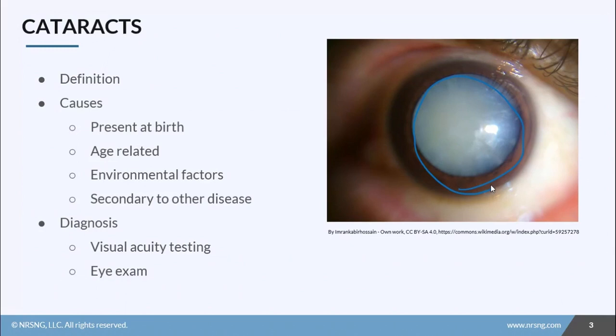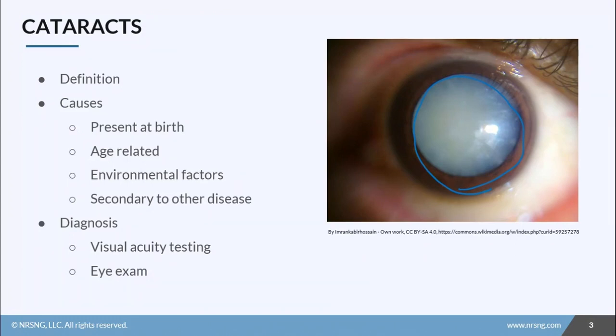Looking at the causes of cataracts, they can be present at birth. They can also be age-related. Cataracts are expected in all people older than 70 years of age, because the lens gradually loses water and increases in density with age. As we age, fibers can become compacted on the lens, which is why we see this in our older population.